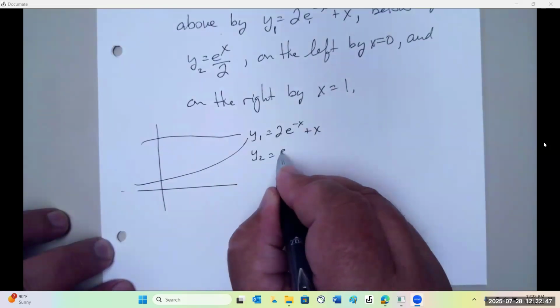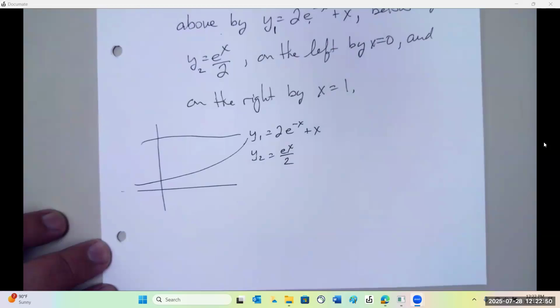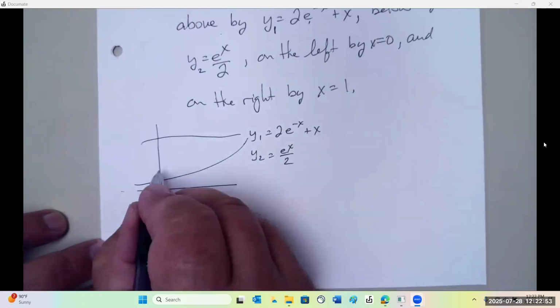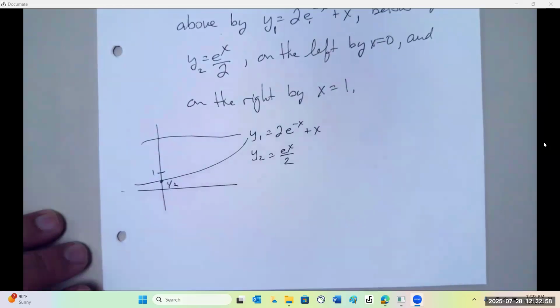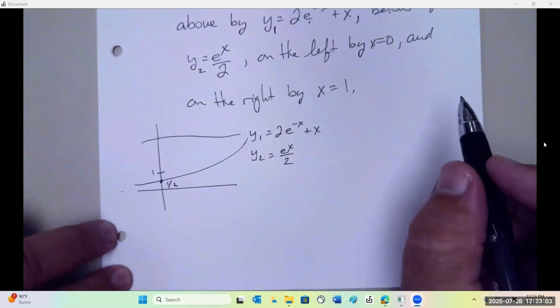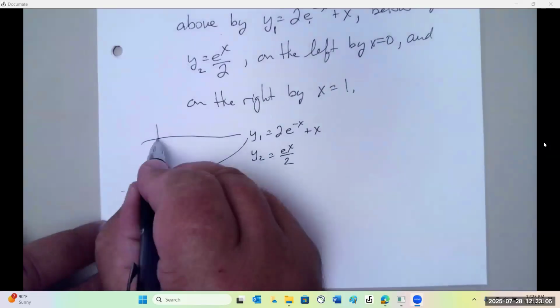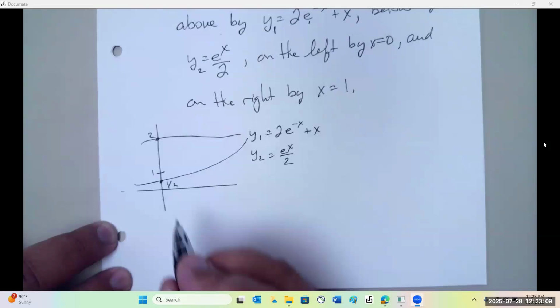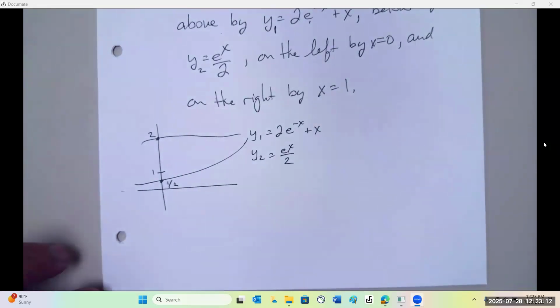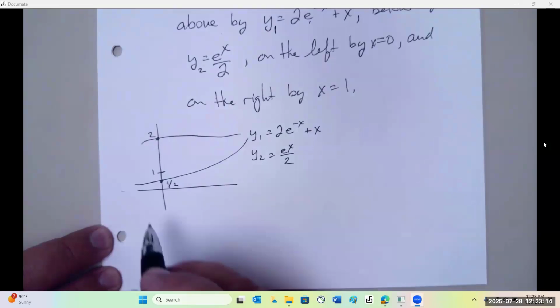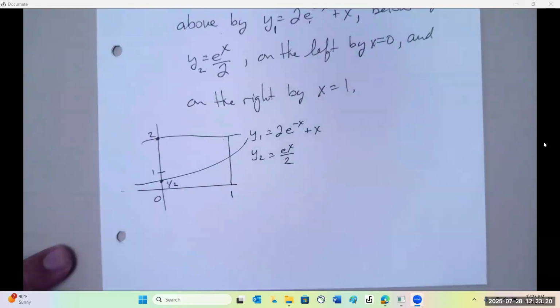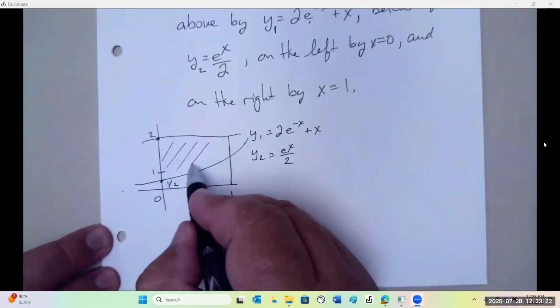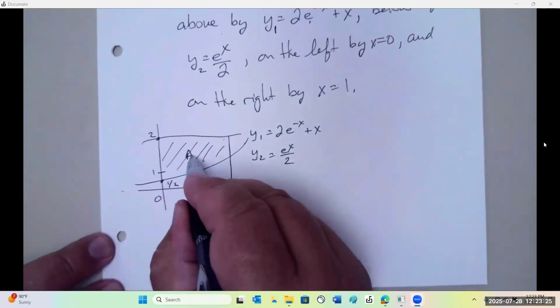Y2 is e to the x divided by 2. So it used to cross at 1, it now crosses at 1/2. And this one crosses the y-axis at 2. So here's from 0, and here's to 1. We want to know this area here. That's the area we're looking for.